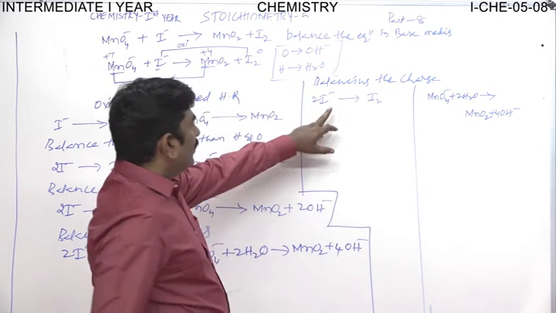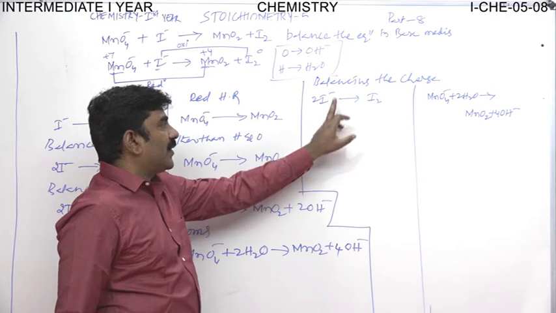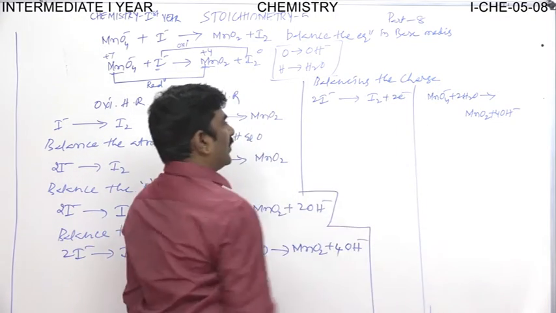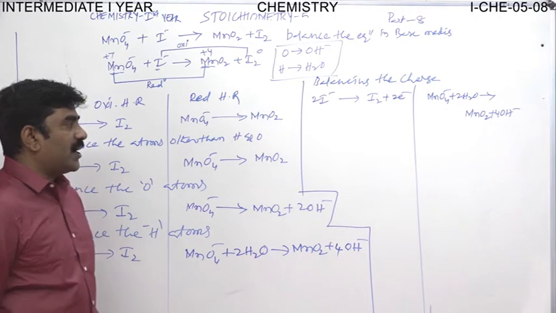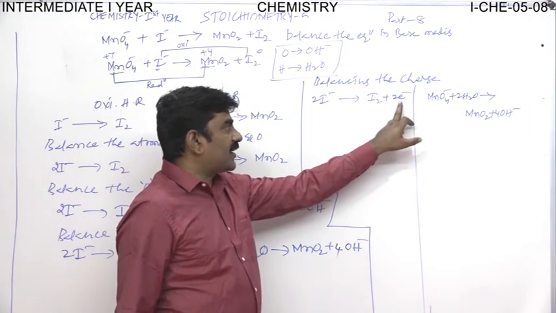Here, minus 1 electron is excess, is 0. So 1 electron means how many electrons are excess here? 2 electrons. Therefore, this side 2 electrons are deficient. Each iodine having 1 electron excess. So, 2 electrons excess, 2 electrons we need to add.